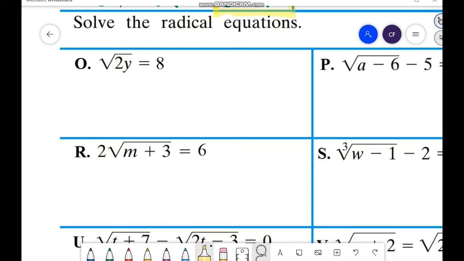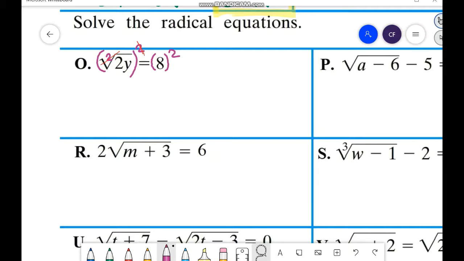Letter O. The radical is already isolated on the left-hand side of the equation, so we just need to apply the same power as the index, and the index here is the square root, so apply the power, the square. And you can simplify the square root of this power of 2.